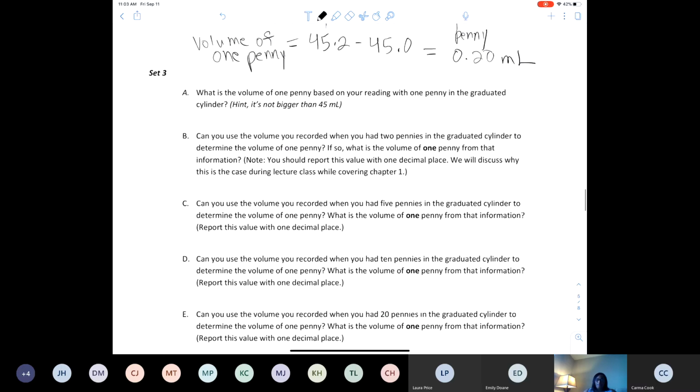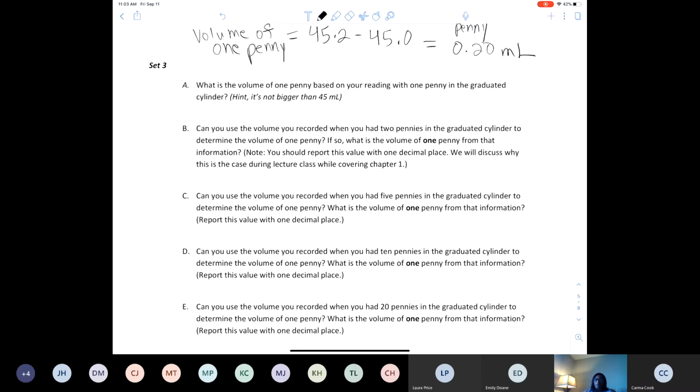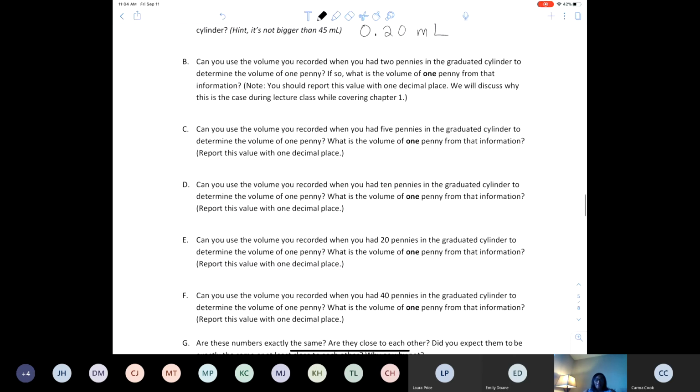For the answer to A, we want the volume of our reading with 1 penny, and I think that was 0.20 milliliters. Then we're going to answer B through F the same way we answered B through F for data set 1. The answer is going to be yes to all of these. Yes, we can use the volume recorded for 2, 5, 10, 20, and 40 pennies to get an average of the volume of 1 penny.